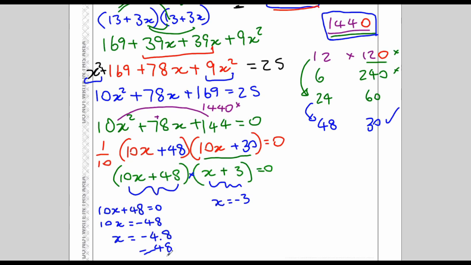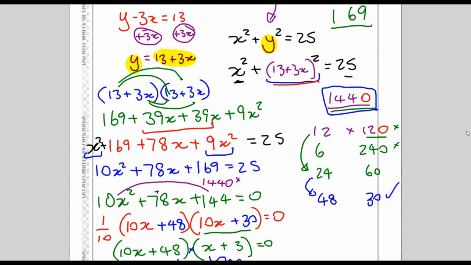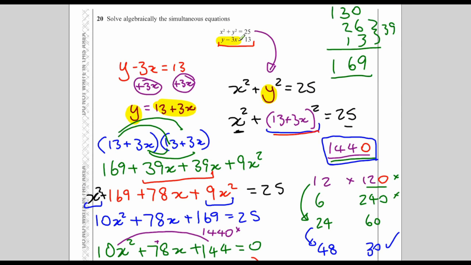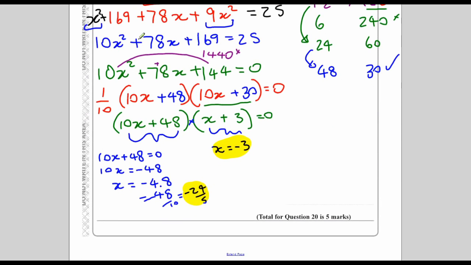Minus 48 over 10, which is the same as minus 24 over 5. Now, we need to use these two values that we found to find the corresponding values of y. So let's go back up to our original equations. Let's take the easy one, and we actually simplified it here to say that y equals 13 plus 3x.